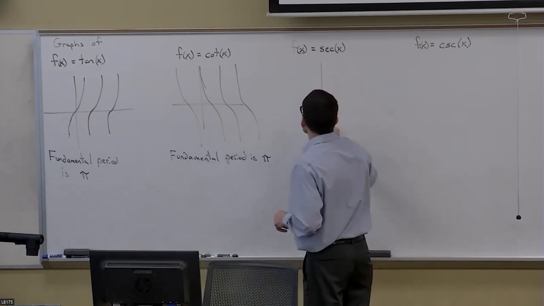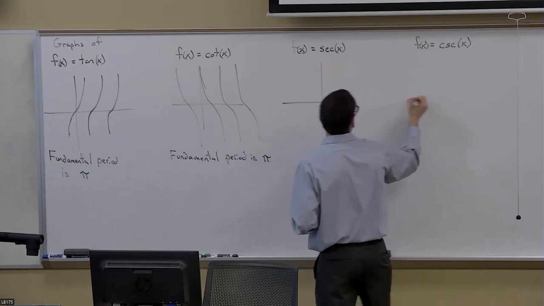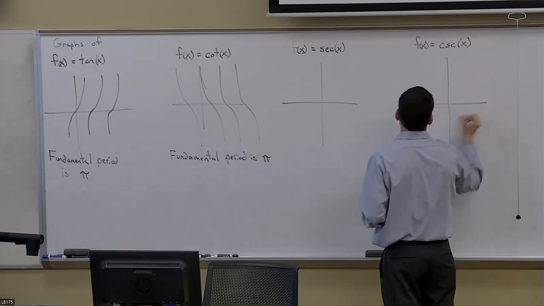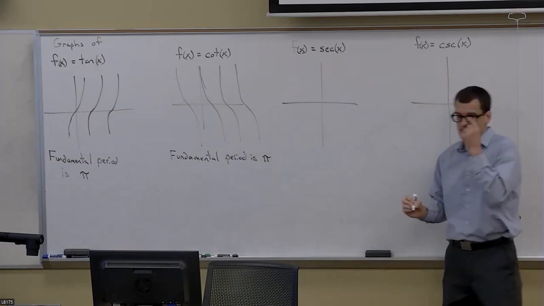For secant and cosecant, we get those U's and upside down U's.